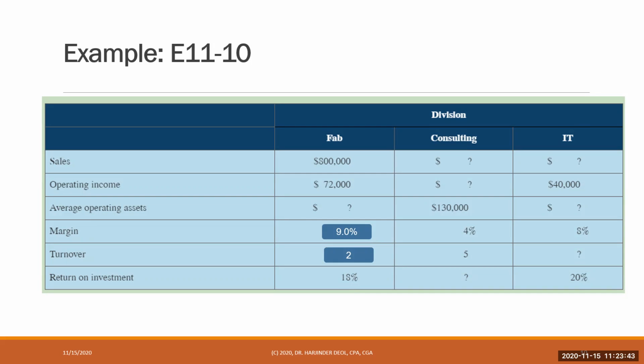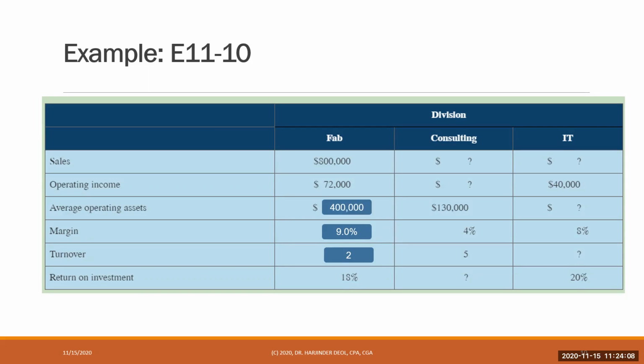To calculate the average operating assets, we can use the information on the turnover and sales. So turnover is simply sales divided by average operating assets. So 800,000 divided by something equals 2. Well, that something, the average operating assets, is basically half of sales, or 400,000.